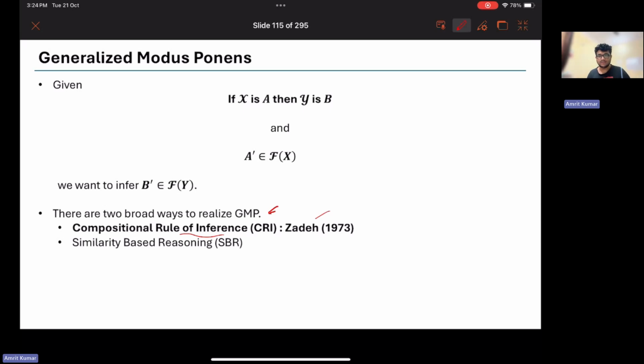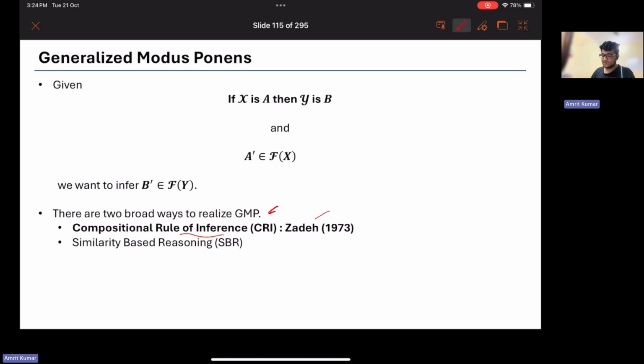The generalized modus ponens and generalized modus tollens that we did are based on the compositional rule of inference. To recall, the compositional rule of inference involves expressing the conditionality given by the fuzzy if-then rule using a relation R, which is a fuzzy relation from the antecedent universe to the consequent universe. Given an antecedent fuzzy set, you can infer a consequent fuzzy set, or given a consequent fuzzy set, you can infer an antecedent fuzzy set by doing pre-composition or post-composition with this relation R. So that is what the compositional rule of inference is.